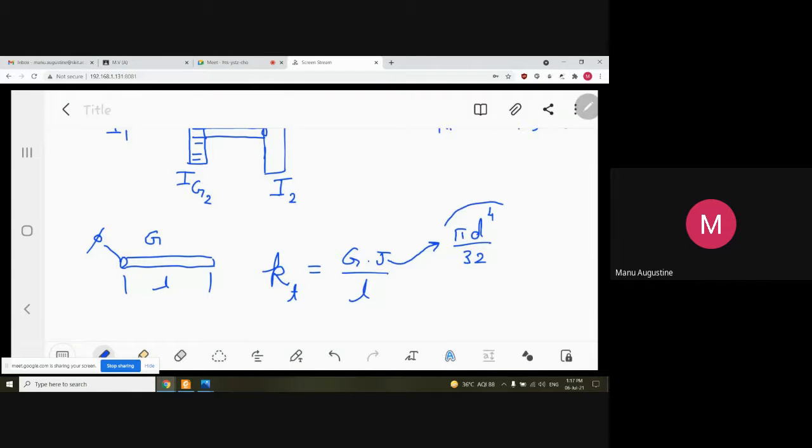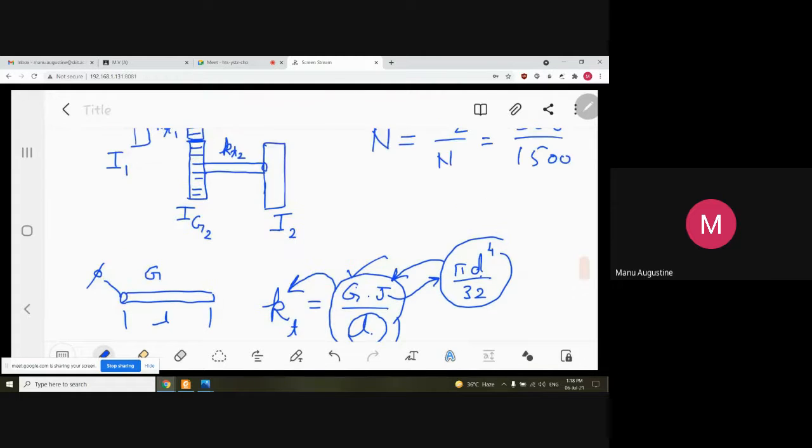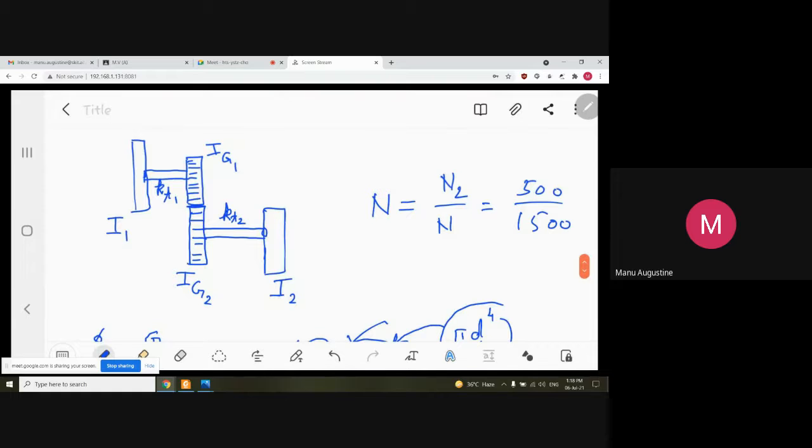Using the data of the diameter, you find the value of polar moment of inertia. G is already given, length is already given. So using the diameter, length and modulus of rigidity, you make use of this equation to find the values of KT for the driving shaft and driven shaft. So this is how you arrive at KT1 and KT2.